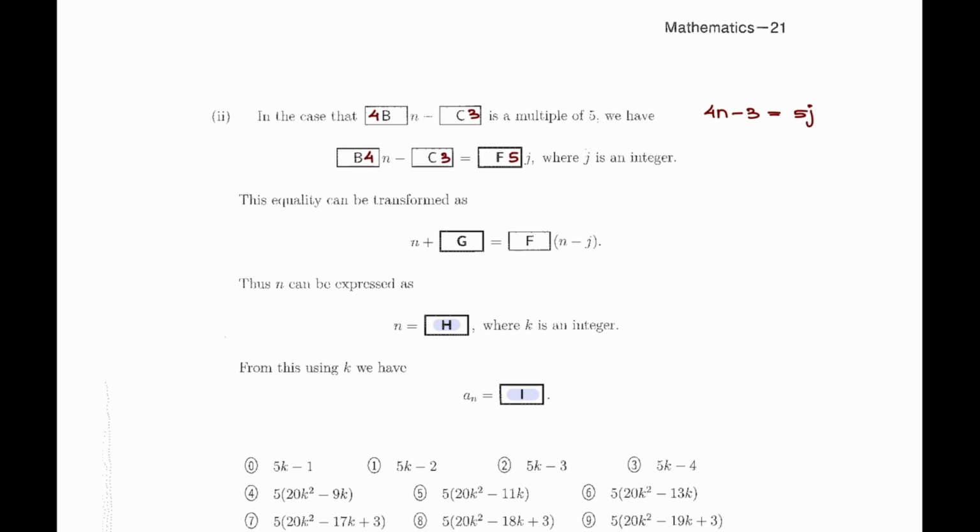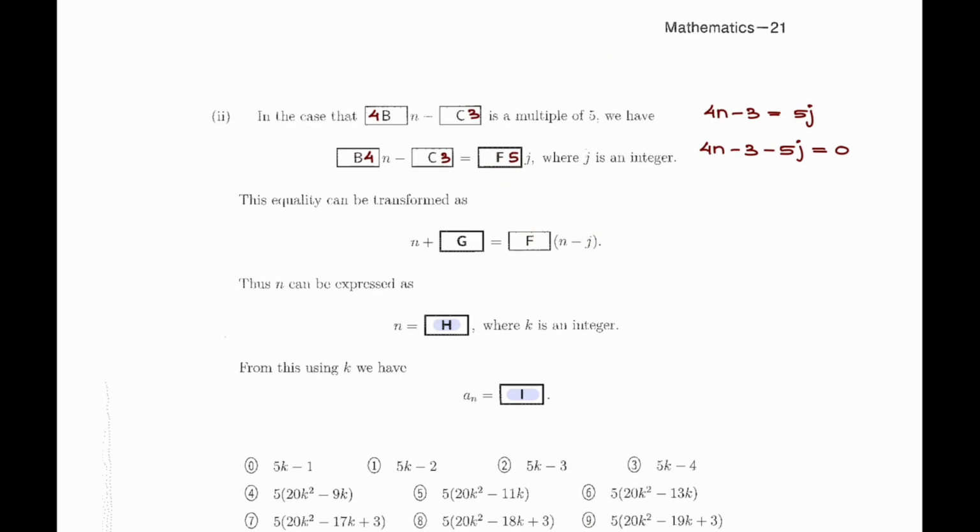As you can see here, you have f here. F is 5 times negative j. So I think 5j here should be moved to the left hand side. Then I will obtain 4n minus 3 minus 5j is equals to 0.